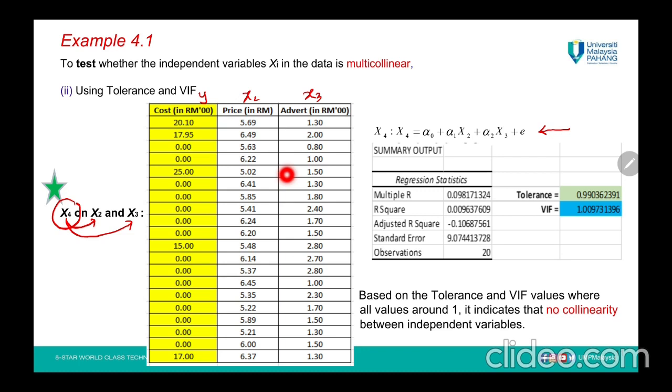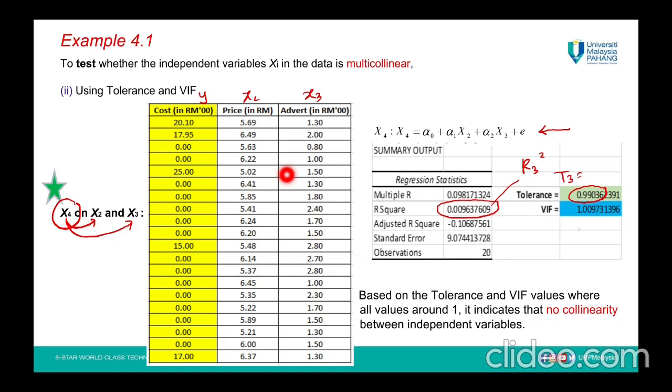Based on the summary output of the multiple regression analysis for that data, the value of R square here actually is the value of R3 squared, because this is for the third independent variable. By applying the formula for tolerance, T3 will be 1 minus R3 squared. The value is 0.9904 at 4 decimal places.